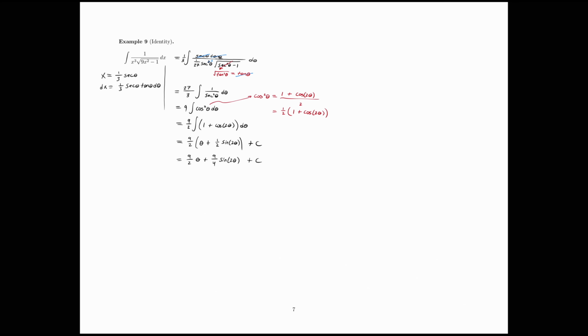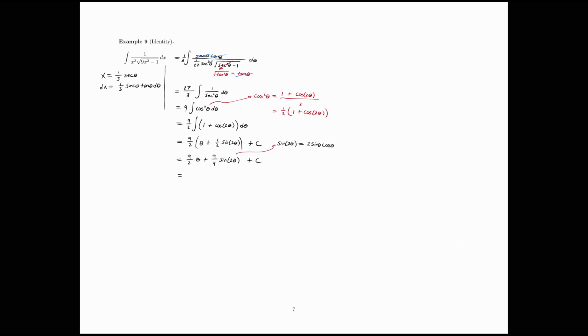There is the double angle identity for sine, and that is sine of 2 theta is just 2 times the sine of theta times the cosine of theta.